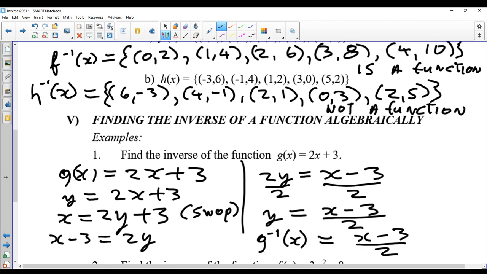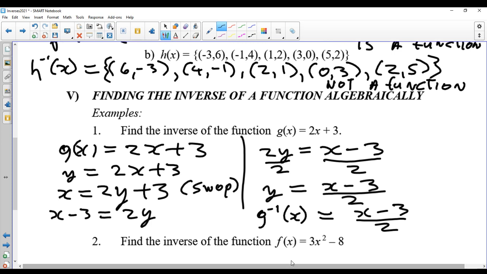Now, how do I prove that? Easy. Let's take a value and put it into the original function. Here's my g of x function right here. I used the number 3 a while ago. Pick any number for me, please, Sahil, between 1 and 10. I want to make it relatively easy. 10. Okay. Let's find the g of 10.